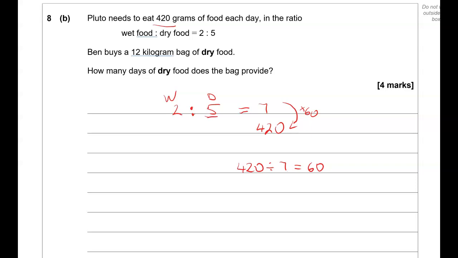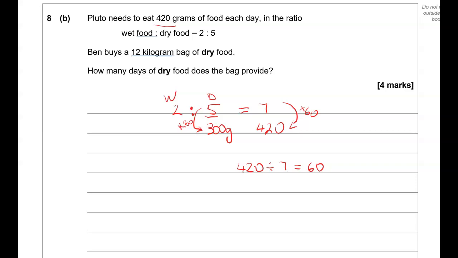So again, we're going to do 5 times 60, and that gives us 300. So Pluto eats 300 grams of dry food a day.